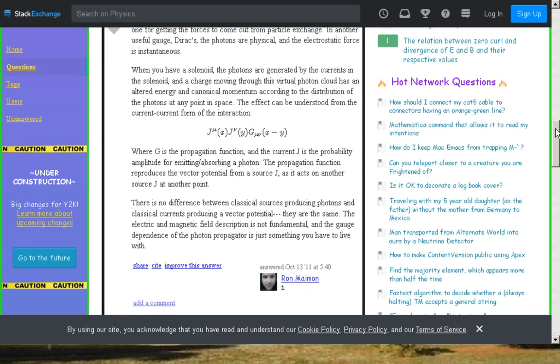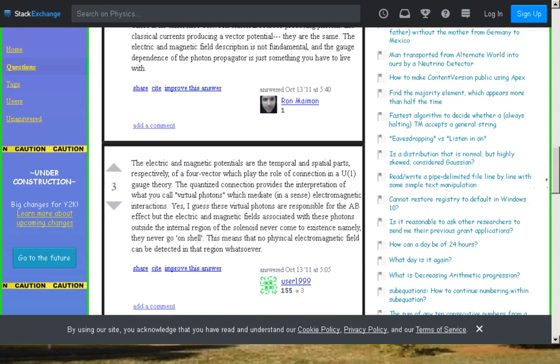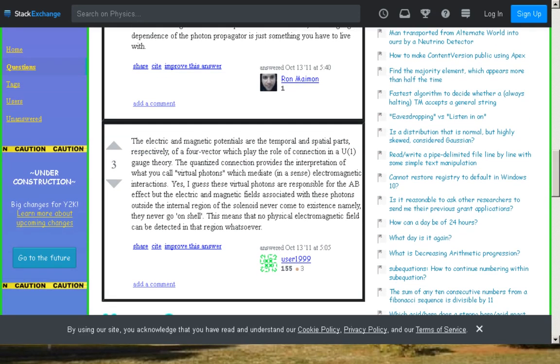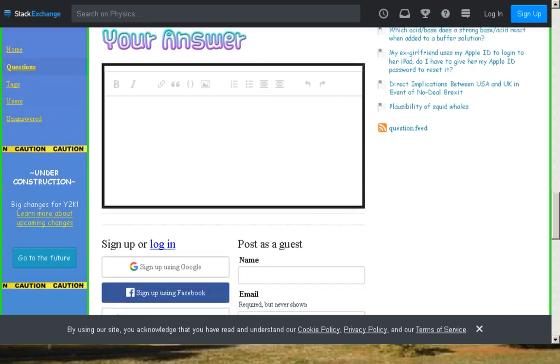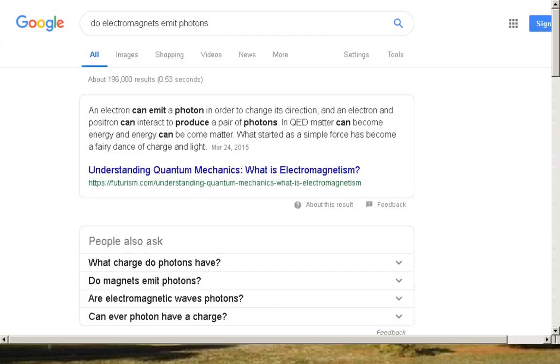When you have a solenoid, the photons are generated by the currents in the solenoid, and a charge moving through this virtual photon cloud has an altered energy, etc. That's a very confusing conversation, talking about virtual photons.